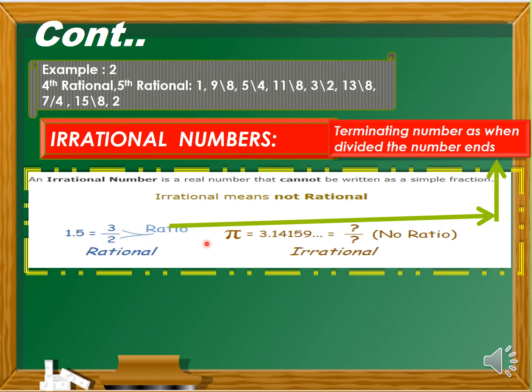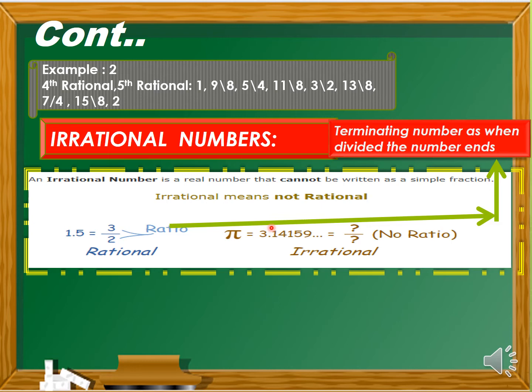Okay. The next, pi. You know pi very well, and the approximate value of pi is 22 by 7. And here the value is 3.14159 dot dot dot. Here the dot represents that the number never ends, and here there is no bar upon this number. The bar represents that the particular number under it repeats.